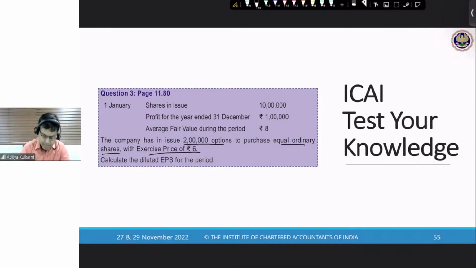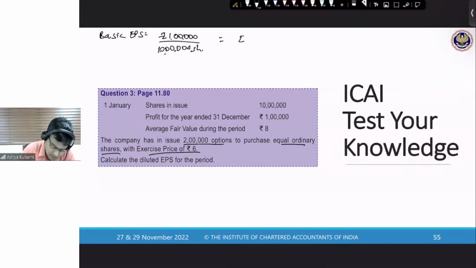Basic पूछा नहीं है, but it's always better to write because we should know whether the diluted EPS is actually dilutive. Okay. So basic EPS is equal to 1 lakh divided by 10 lakh shares.